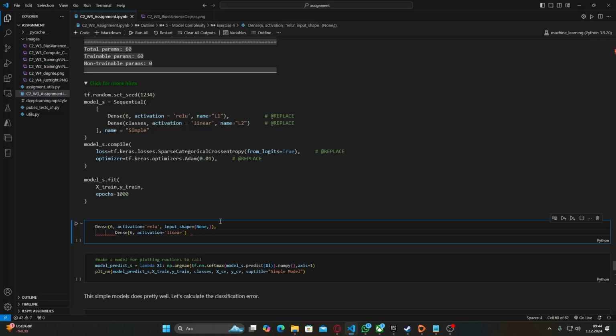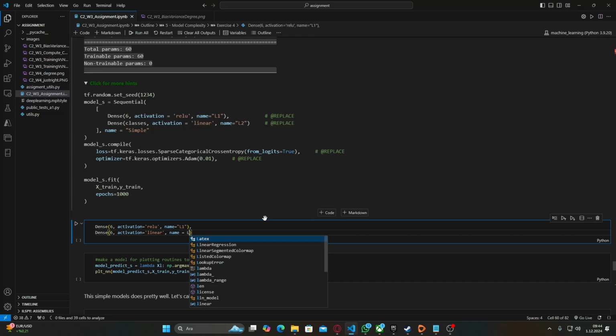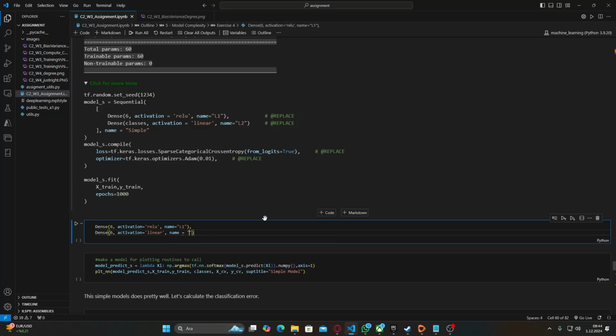Okay, for my error in here, I just wrote input shape as none, but it must be name equal L1 and linear. Sorry, name equal L2 in here.